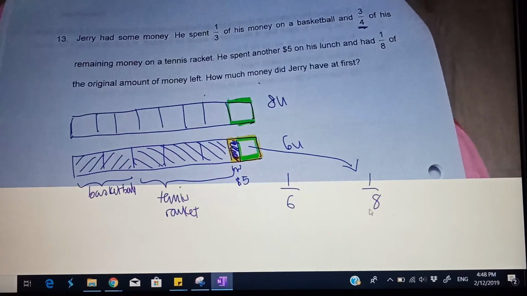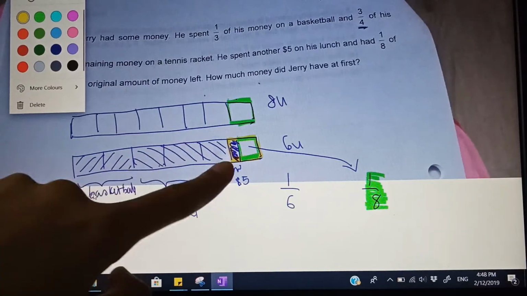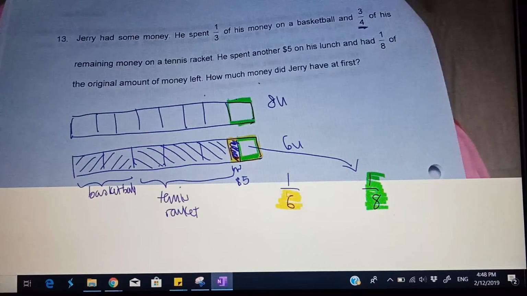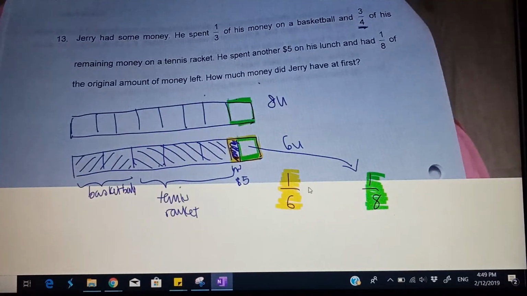This is 1/8. The one in yellow, right? The unit over here is 1/6. But right now they are of different denominators, so we have to make them the same denominator.